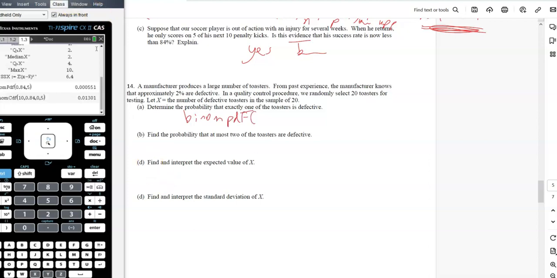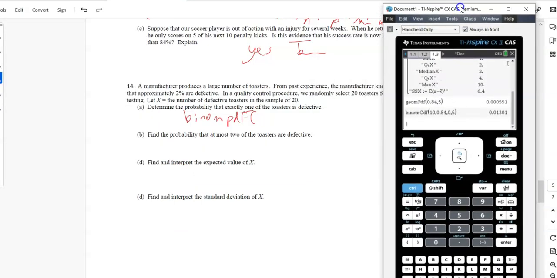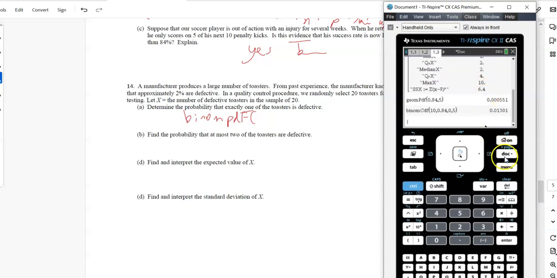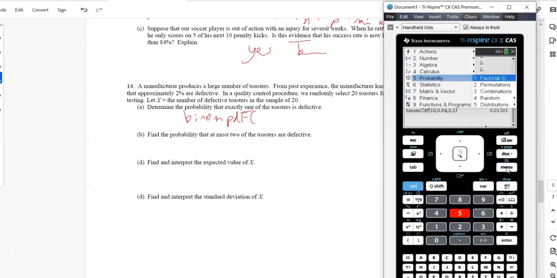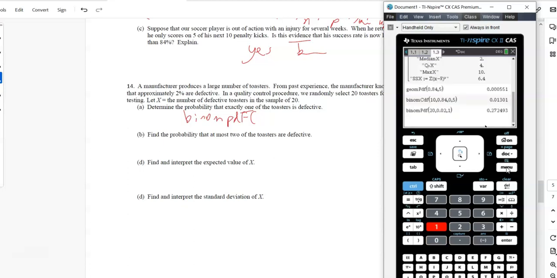Let's just do it in the calculator and then get it from that. Okay, so binomial PDF, so menu 55A, I believe. The number of trials here is 20. Probability of success is 0.02. And we want exactly one that's defective. And so we get 0.272.